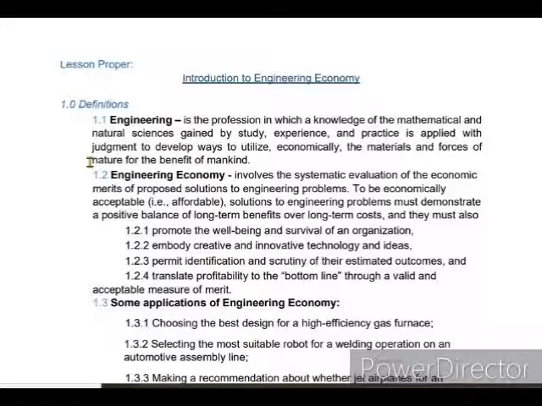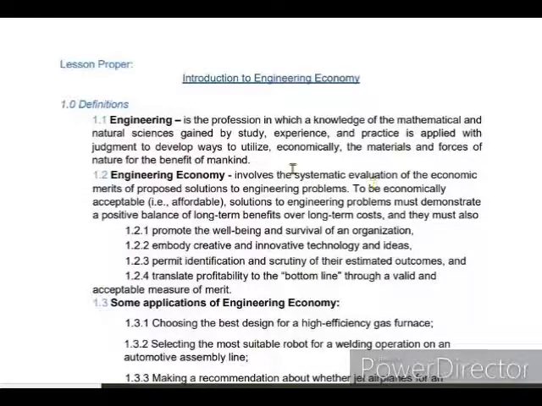So we should put the concept of profitability as our paramount objective, okay, in making solutions. And of course, we should have a strong basis, okay? We should have a valid basis, which is an acceptable measure, okay?